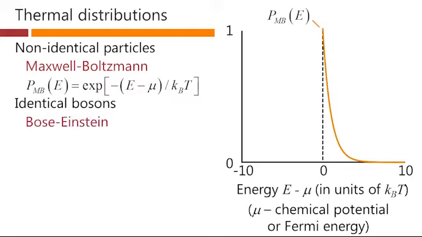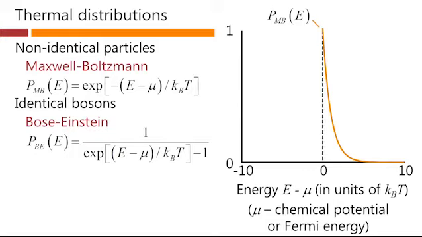For identical bosons, we get what's called the Bose-Einstein distribution. And here's the expression for that. And this expression here also has a chemical potential in it. You may often see the Bose-Einstein distribution plotted without any chemical potential. For the specific case of bosons like photons, the chemical potential actually is 0.